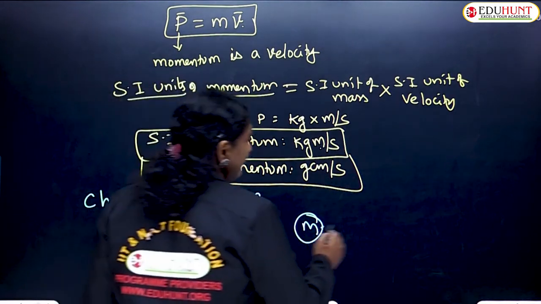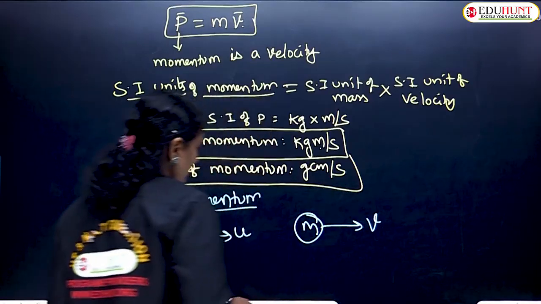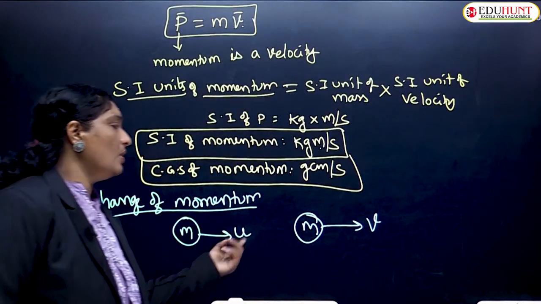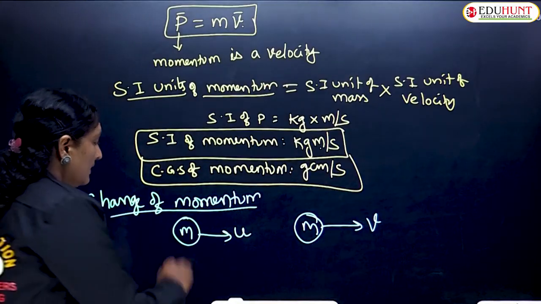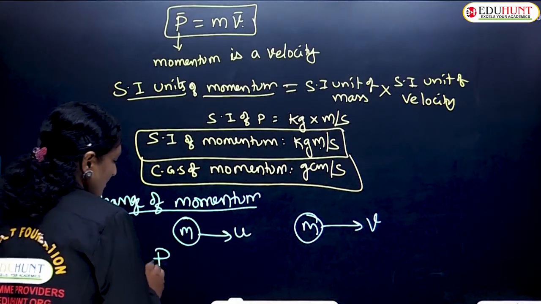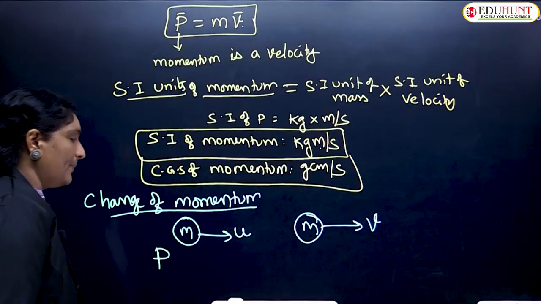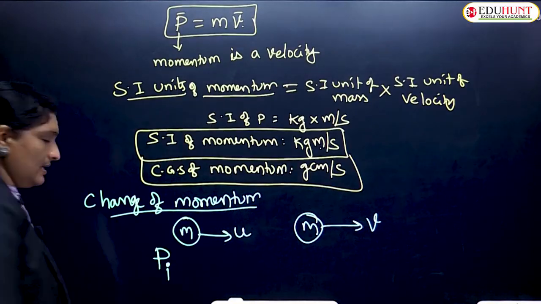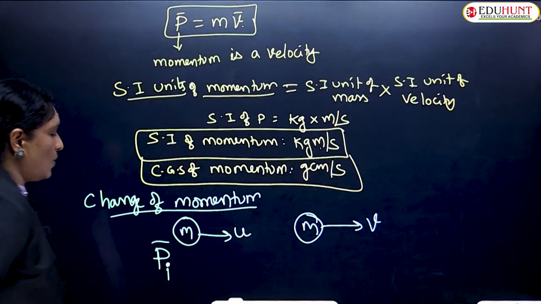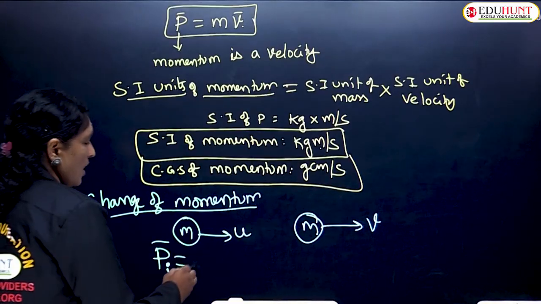Then the final velocity of the body is v. Initial velocity of the body is u and final velocity is v. That means, what is the initial momentum? Momentum is indicated with the letter P, children. Initial momentum, let me name it Pi. It is a vector quantity, Pi bar, equals how much?